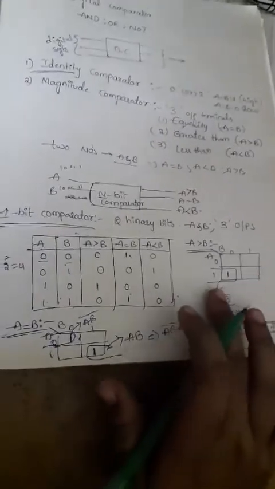By using these output functions we need to make it as a logic diagram. So for this 1-bit comparator, what is the last thing? We need to design the logic circuit. So first I have to write the functions. For A greater than B, what is the function? AB complement.